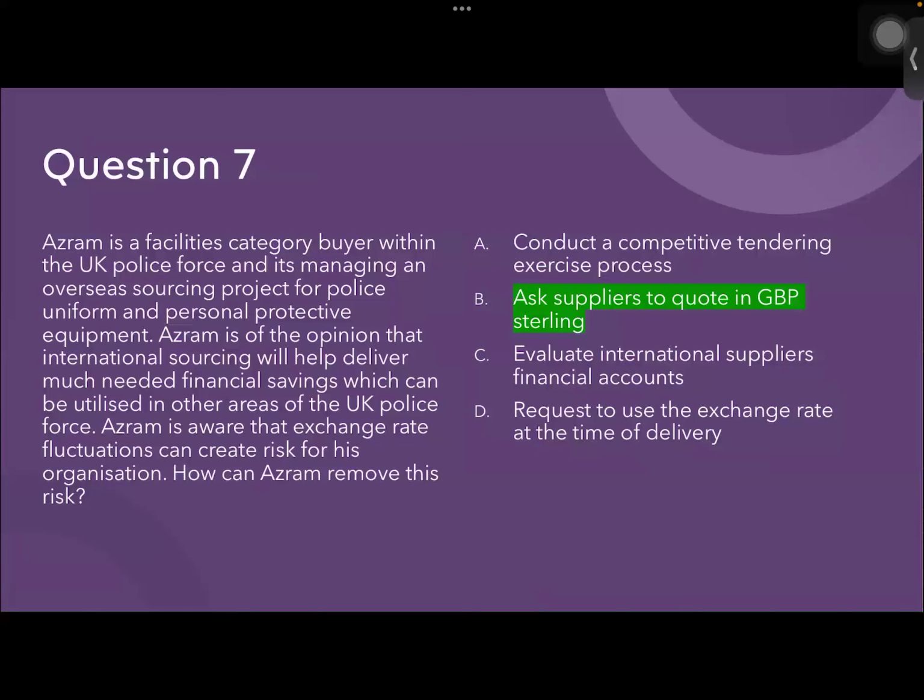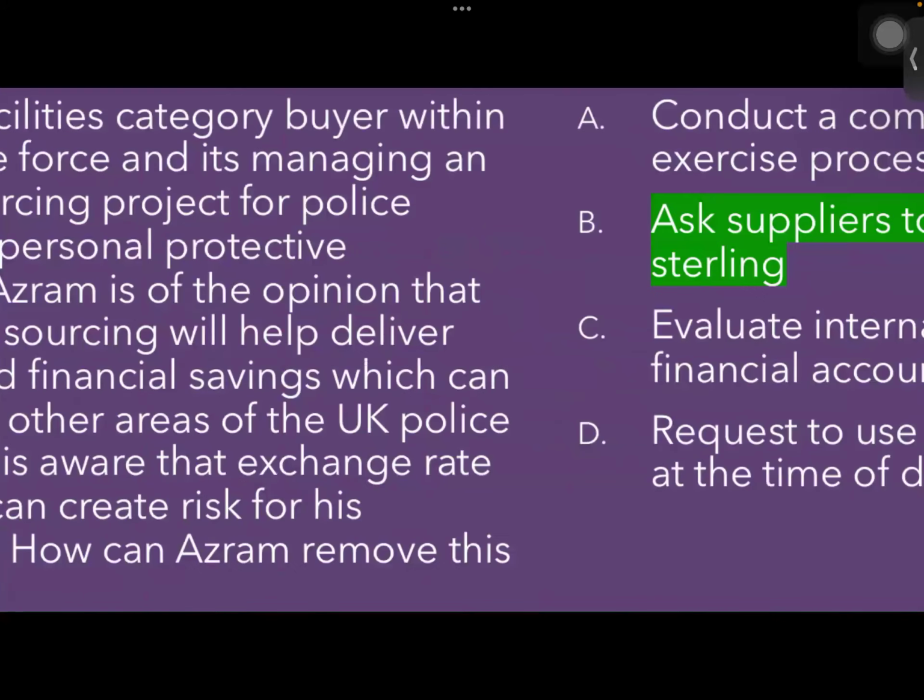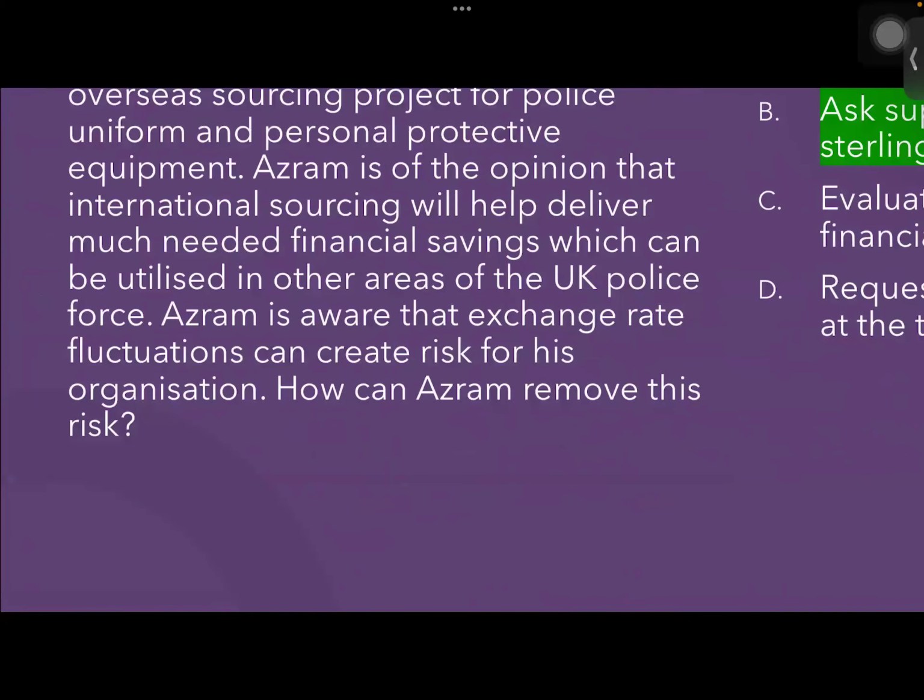Therefore, with D, although you can capture a more favorable currency fluctuation, it does not eliminate the risk from the start. So we need to rely on the purpose here. He wants to remove the risk.